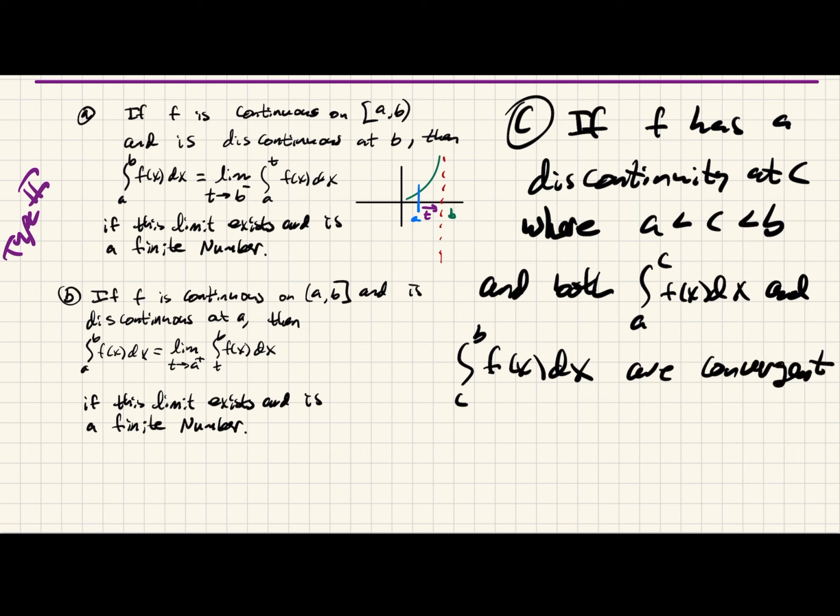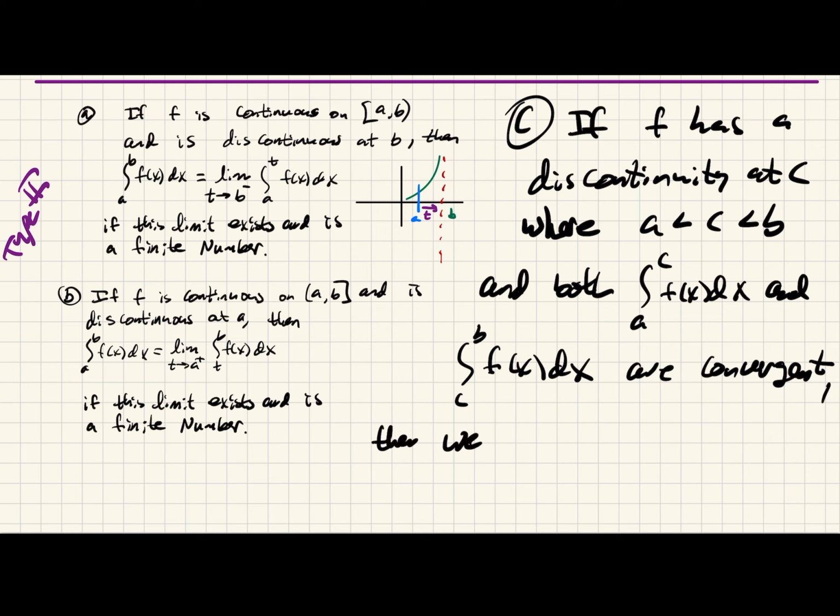Now let's think about this for a second. What does that mean that they're convergent? Both of them would have a finite value, right? And if I add up two finite values, what do I get? A finite value. So then the sum of those two things would have to be convergent, right?